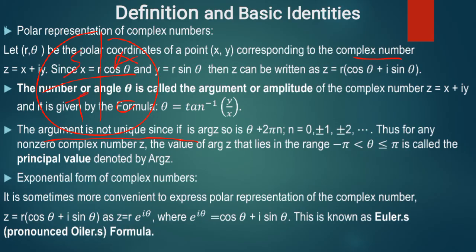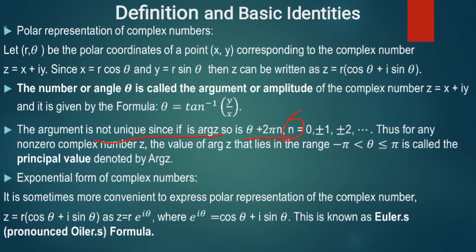We saw that sometimes you could go several times around the circle, especially when we learned that theta doesn't change if you add or subtract 360 from it. So with that knowledge, if I'm talking about a point on the circle, the angle could change too. It could go bigger than what you're seeing there. That's why we're saying the argument is not unique, since the argument of z is theta plus 2 pi n, where n is an integer.